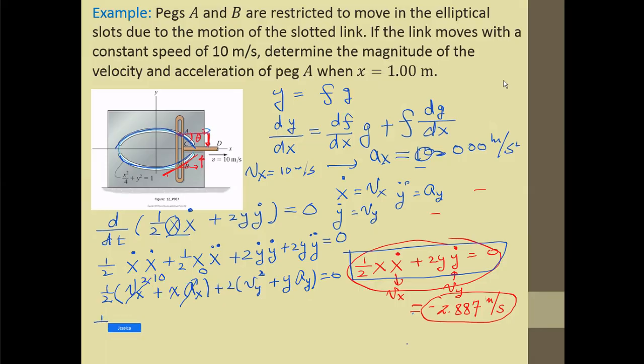Now, v sub x is given as 10. So 1 over 2 times 10 squared plus 2 times Vy squared plus 2 times y ay equals 0. By taking the first derivative, we already solved for Vy.